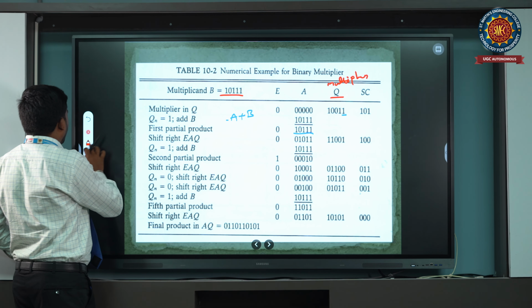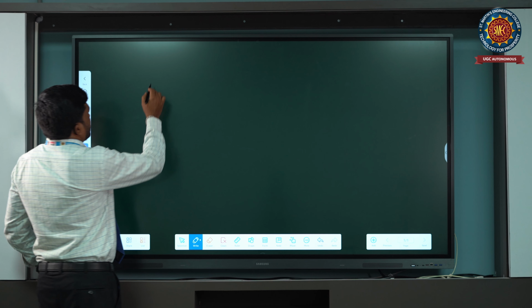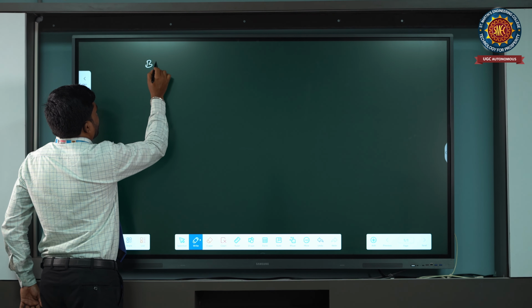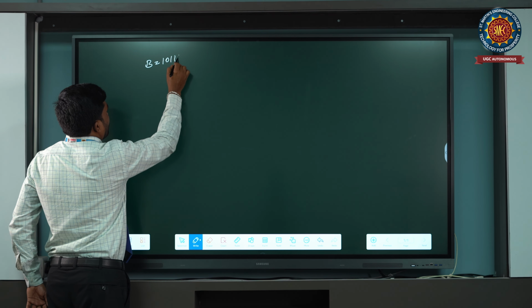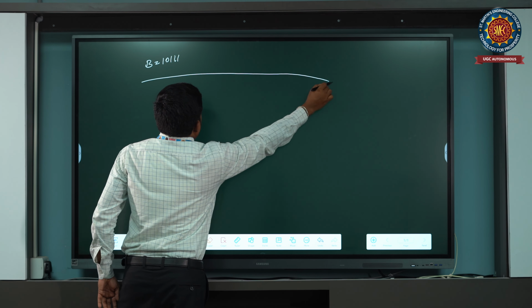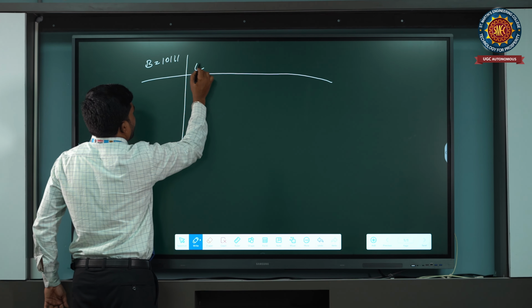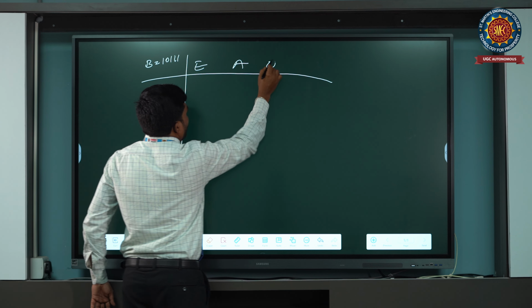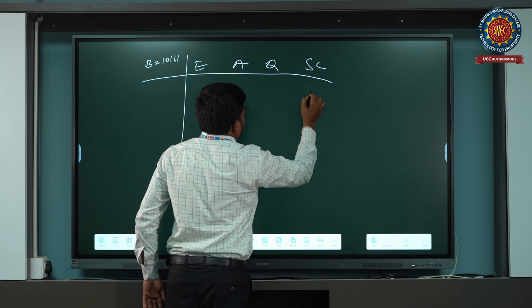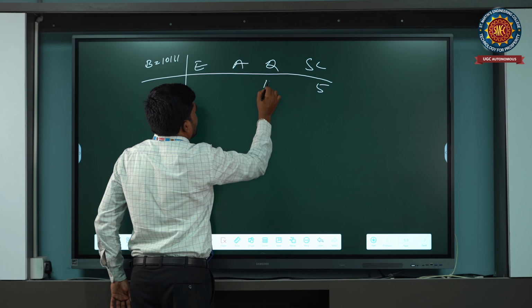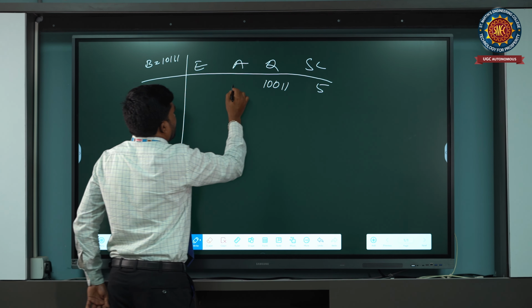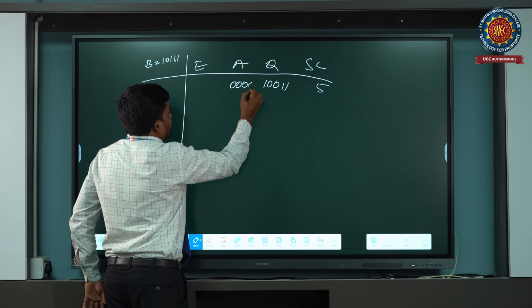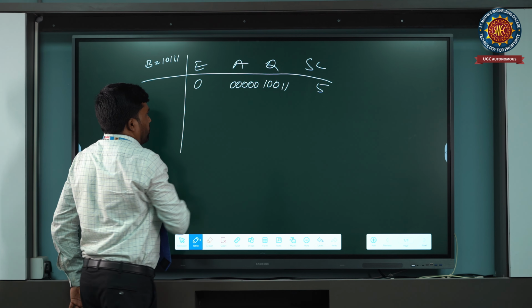See, here is the example we are discussing. B is equal to 1 0 1. At the initial stage E A Q SC, SC is 5. So this is 1 0 0 1 and A is always 0 and E is also 0.